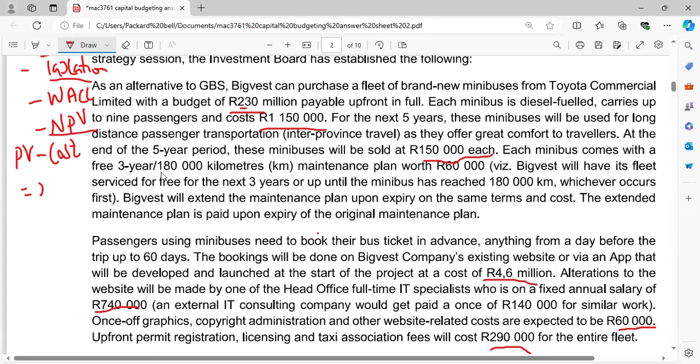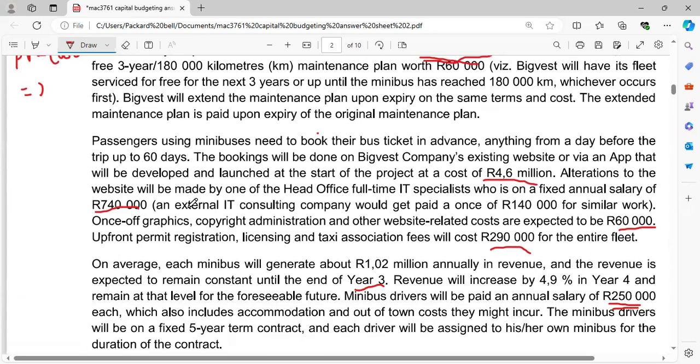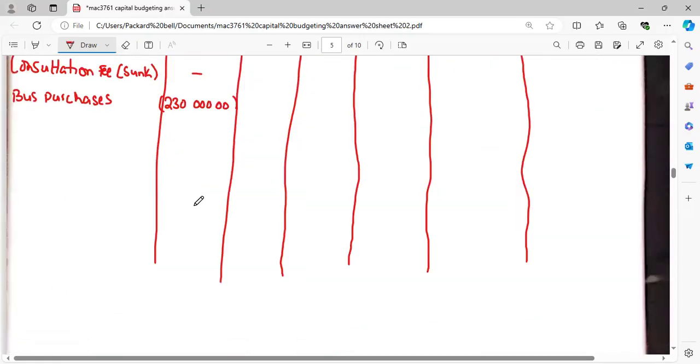At the end of the 5-year period, this minibus will be sold for 150,000. What are we going to call this 150,000? That's the sale of the bus after 5 years. Yeah, that is going to be the residual value after 5 years. So which means we should have in our answer the residual value of the buses.